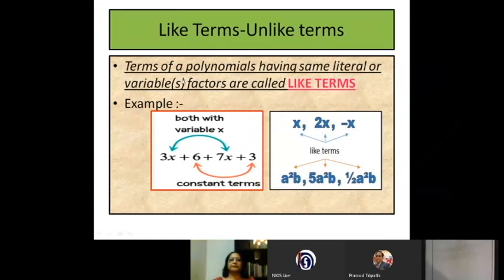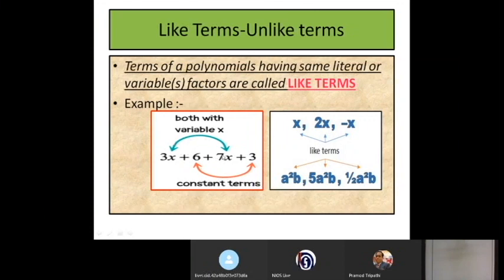The terms of a polynomial having the same literal or variable factors are called like terms. Here are the two examples that we have taken. One example is 3x plus 6 plus 7x plus 3. In 3x plus 6 plus 7x, 3x and 7x are two like terms.